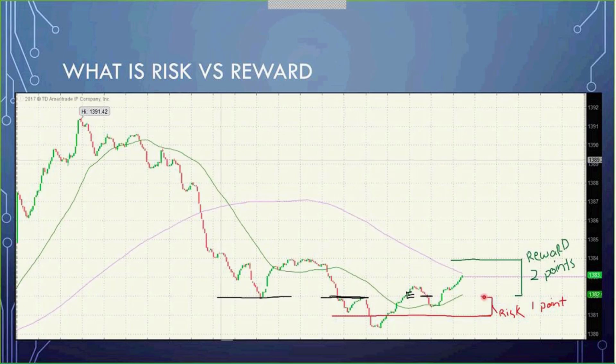So we start out this trade, and what we do is say, okay, I'm willing to go long on this, go upward, and if it comes down more than a point, I'm going to exit this trade, but I'm going to ride it all the way up to 1384. So I'm willing to take a profit of a 2-point swing, versus my 1-point risk. So this is a reward over risk of 2 to 1. So it puts an edge in your favor.